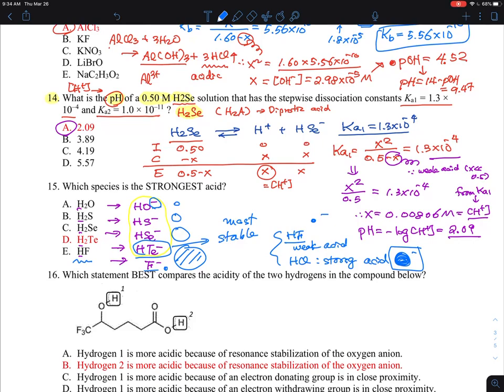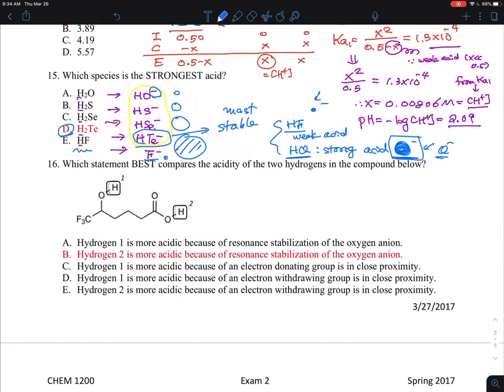The stability of the conjugate base, chloride versus fluoride, is much more stable, so that makes it easier to lose H plus to form Cl minus. So same here. That's why the answer is H2 telluride.